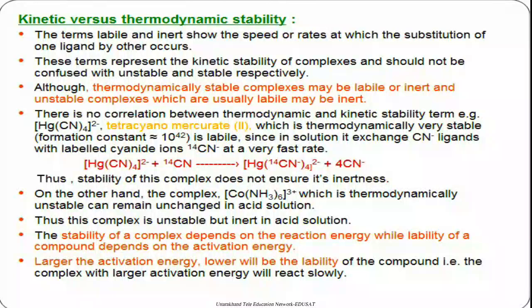These terms represent the kinetic stability of complexes and should not be confused with stable and unstable respectively. Thermodynamically stable complexes may be labile or inert, and unstable complexes may also be labile or inert. There is no correlation between the thermodynamic and kinetic stability terms.